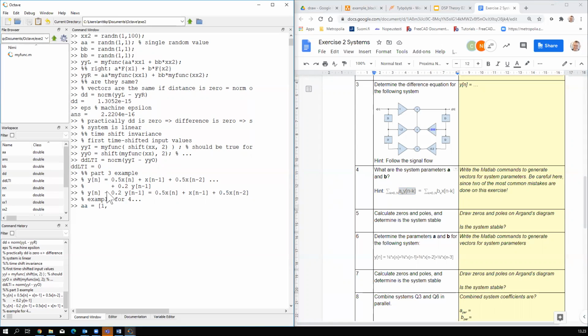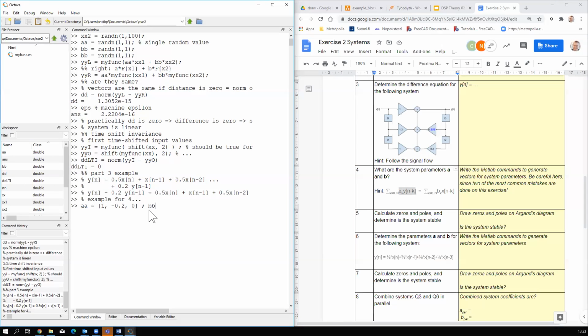Then there is a minus 0.2 times the y of n minus 1. Then actually you can also imagine here a 0 times y of n minus 2 if you want to.